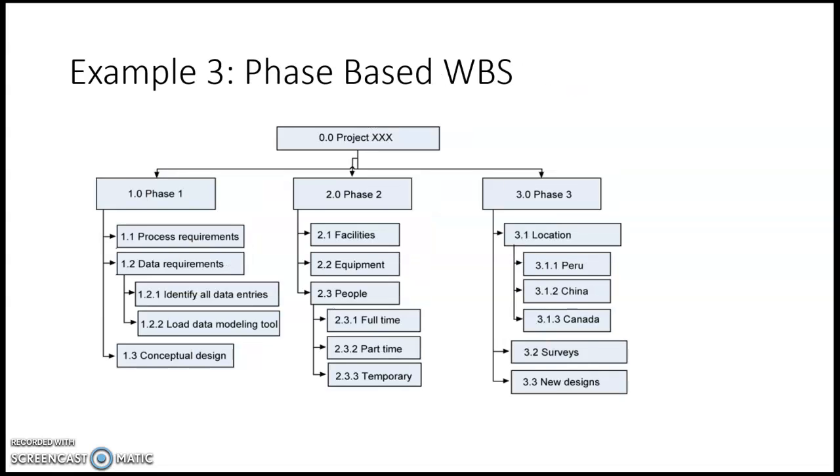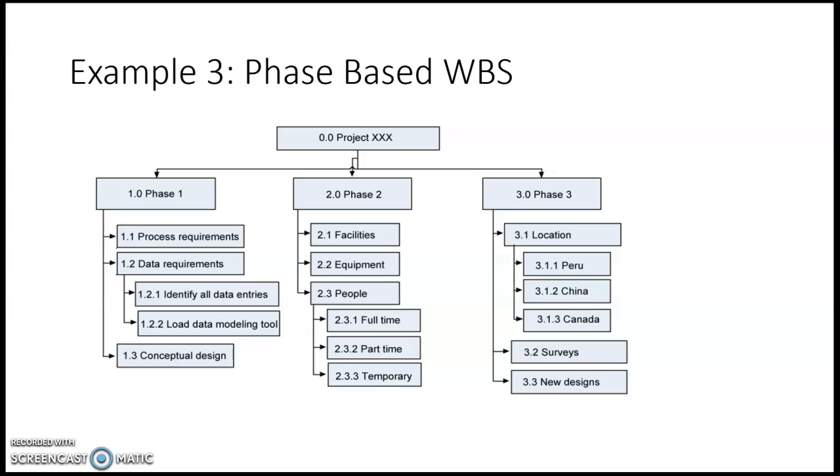Now moving on to example 3, which is a WBS for a phase-based work breakdown structure. Phase-based work breakdown structures are normally used for engineering projects in which work needs to be sequential in phases, so there are tasks which cannot be done simultaneously.